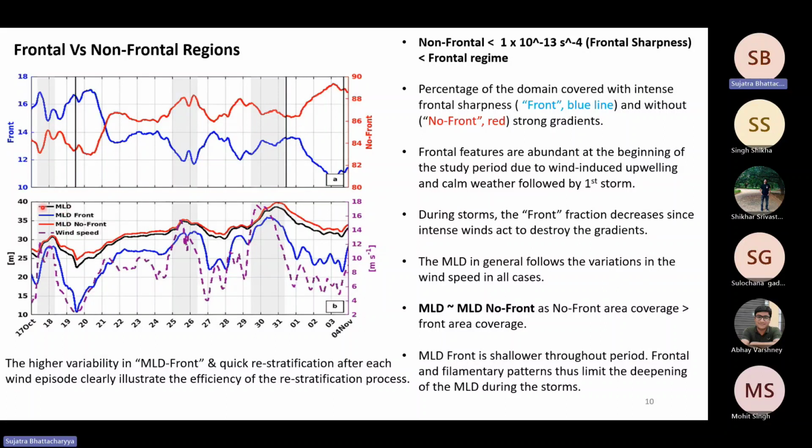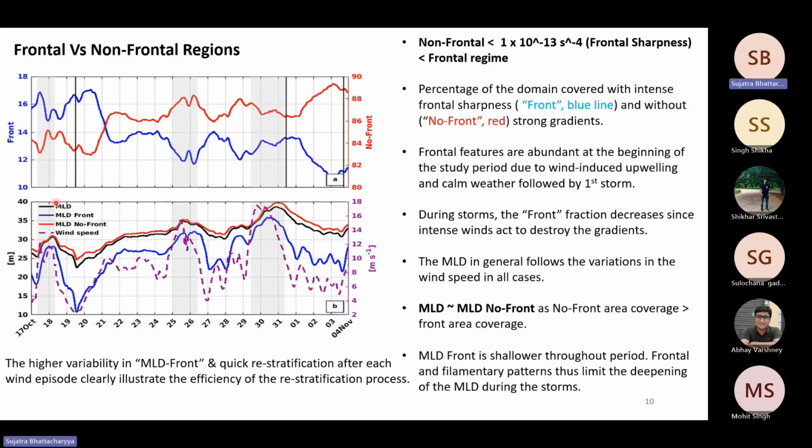And here they have also divided the mixed layer into three regions. They have area averaged the entire domain for mixed layer depth for this period, and also, using this criterion, selected the frontal region, over which they area averaged the mixed layer depth, and likewise for the non-frontal region. The dotted lines are wind speed.